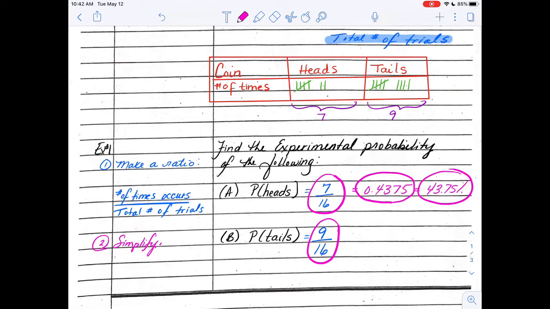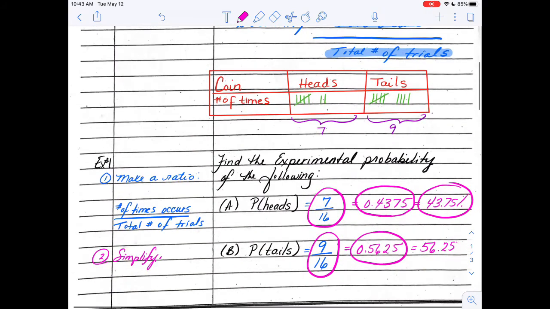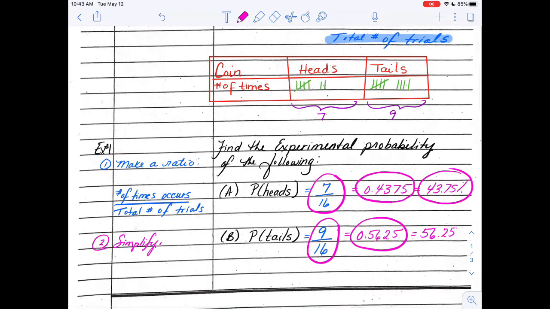Or if you wanted to make it into a decimal, 0.5625. Or if you wanted to change it into a percent, 56.25%. Either way, you can see that actually gave me something higher than my 50% theoretical.